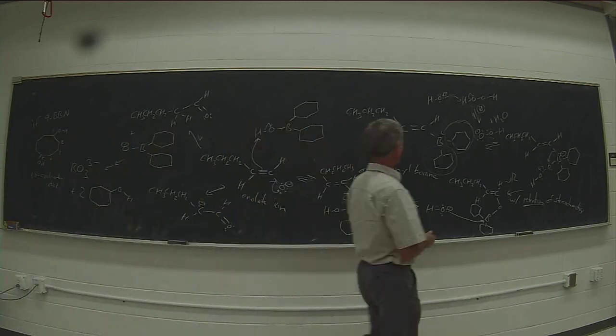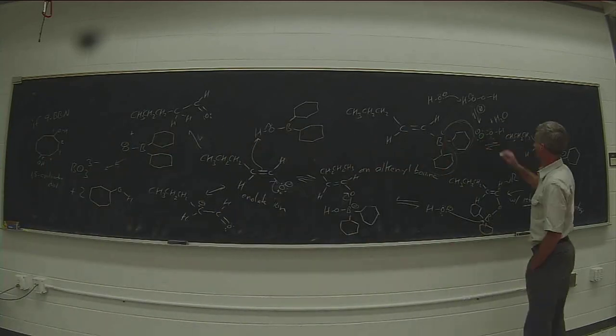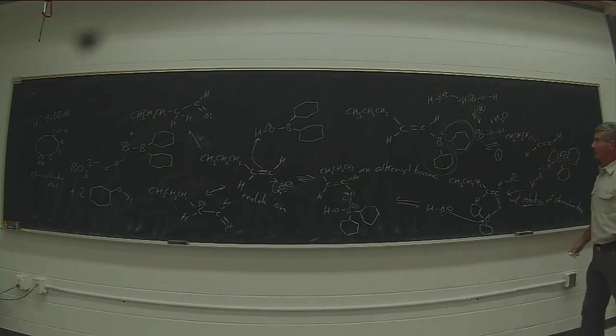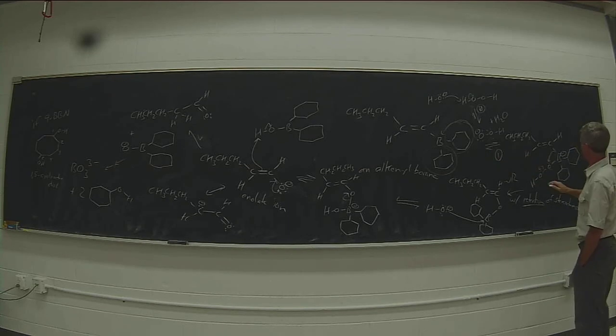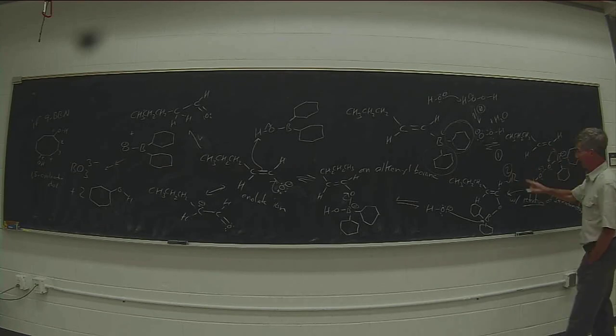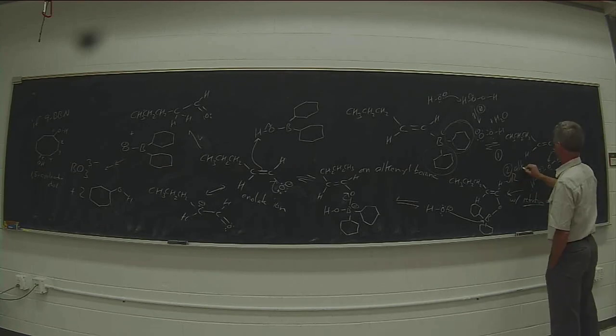So the oxidation step is the majority of these steps. Step 0, right? The proton transfer to generate the hydrogen peroxide anion. Step 1, the hydrogen peroxide anion attacking boron. Step 2 is the key alkyl shift, right? That's the key step.